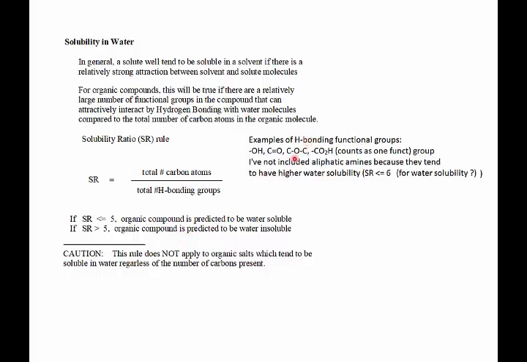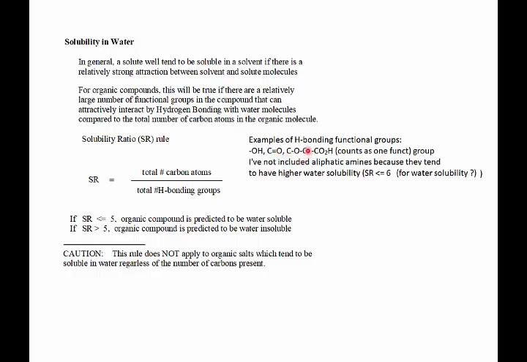Right here we mention some examples of groups that can hydrogen bond to water. An alcohol group would be expected to hydrogen bond with water, either donating a hydrogen or accepting a hydrogen from water on the oxygen. A ketone, aldehyde, or ester group would also be able to hydrogen bond to a water molecule.